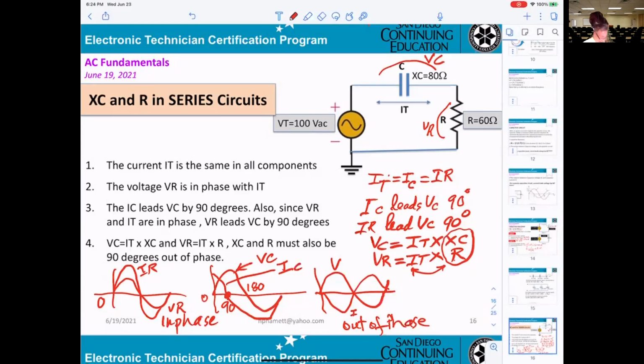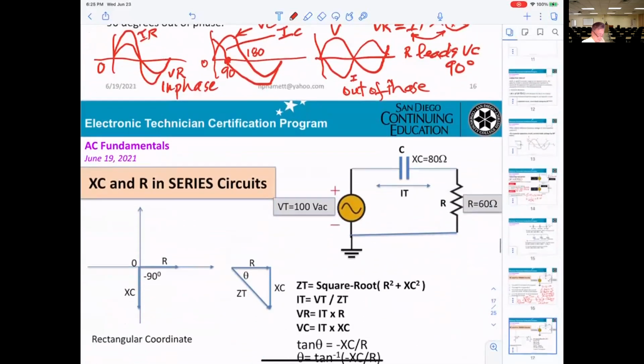How about IT times XC? It is in phase with IT. IT will be the same as IC. IC leads VC by 90 degrees. So that will come up with R leading VC. I put it here: lead VC 90 degrees. Now we see this one.